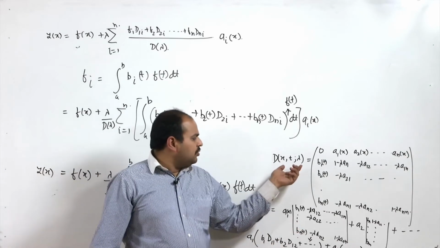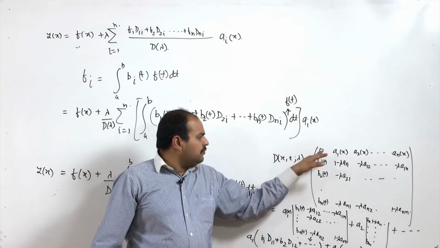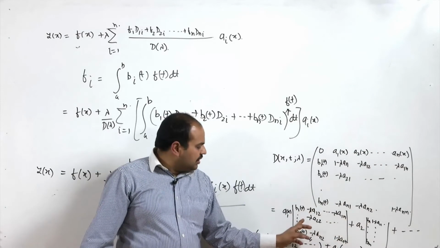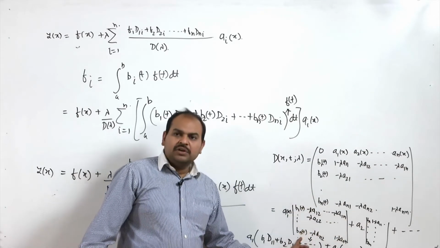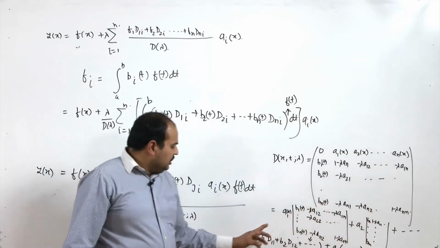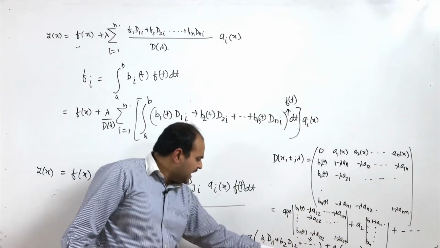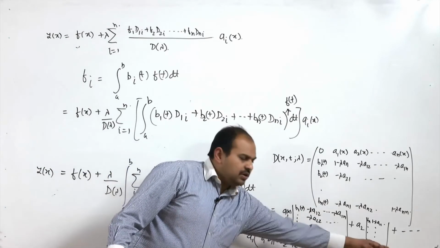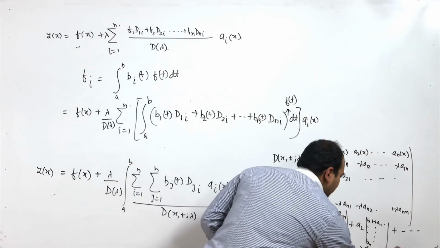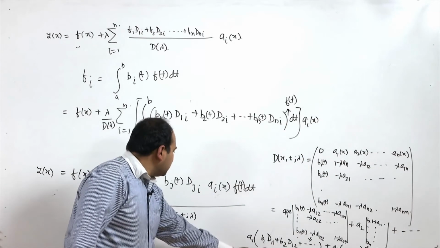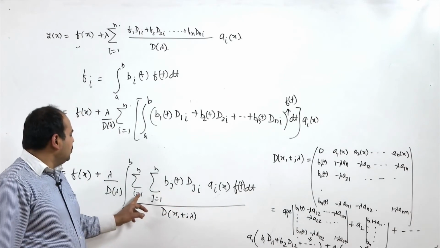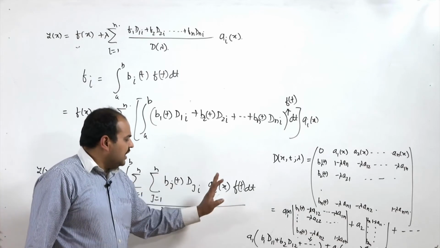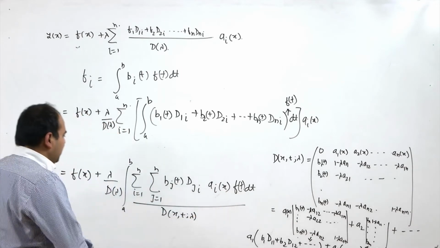We are expanding this along the first row, and then we find the determinant of this along the first column, and when you do this, you will get that the coefficient of a1 is b1 d11, b2 d12 and so on. Similarly you can find the coefficients of a2, a3 and so on, and when you simplify this, it is nothing but the summation i equal to 1 to n, j equal to 1 to n, bjt dji aix. This you will get.